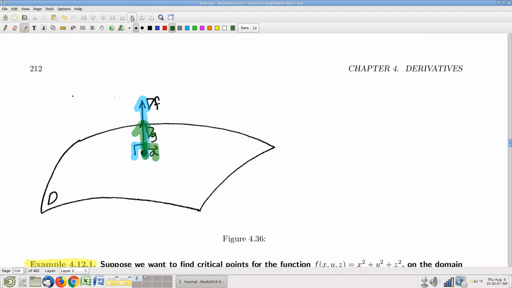What I'm really interested in is when is the gradient of f perpendicular to the surface? That's what I want to get my hands on. If the gradient of g is non-zero, then yeah, one's a multiple of the other. But what about this scenario where the gradient of g is just a 0 vector?